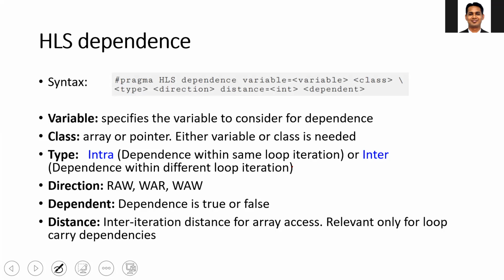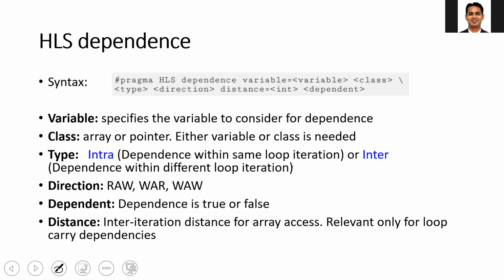And the distance, here you mention that, suppose you have a dependence between the different iterations of the loop. In that case it may be possible that there is a dependence between each iteration of the loop, or there is a dependence between every other iteration of the loop, or dependence between every second iteration of the loop.